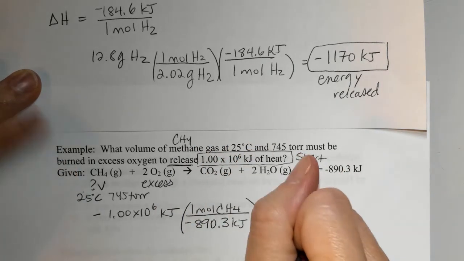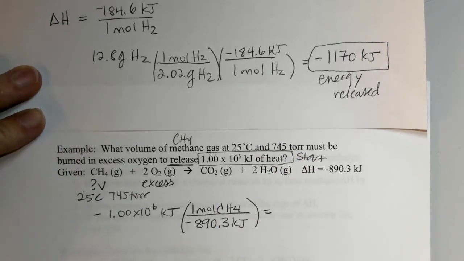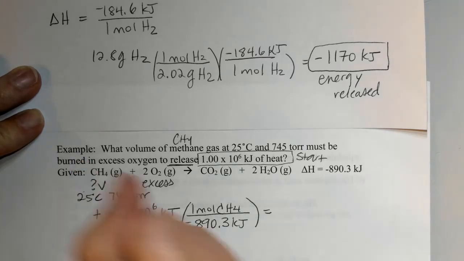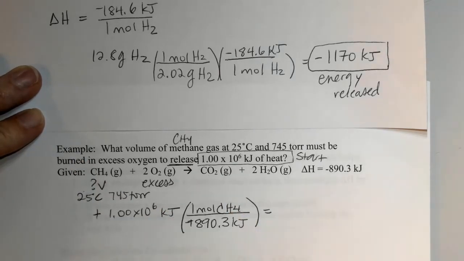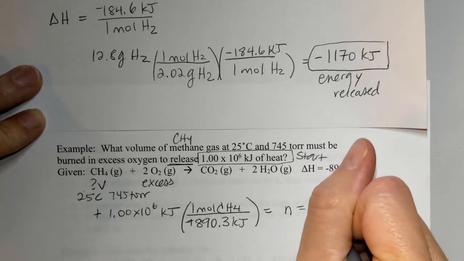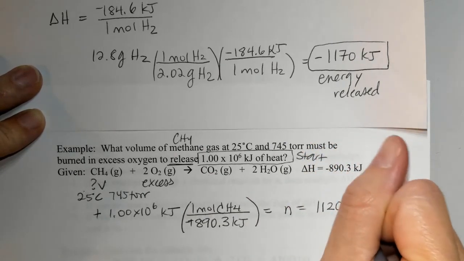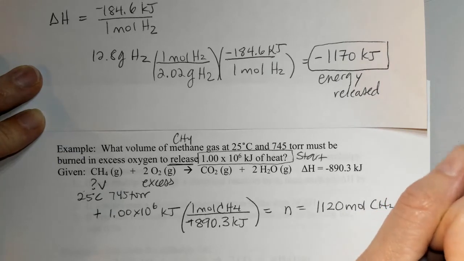And what I'm going to do is stop there. So I'm going to take my 1 times 10 to the 6 and divide it by the 890.3. Notice the negatives cancel out. All right, so I have an N of 1,120 moles of CH4.